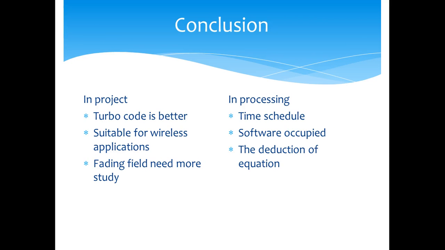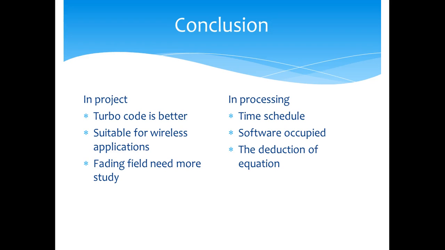Here comes the conclusion. The conclusion for this project is divided into 3 parts. First, turbo code is really good because it can provide us a more secure communication area.